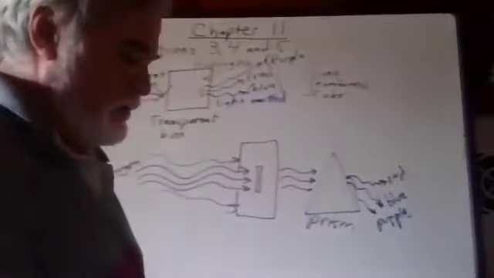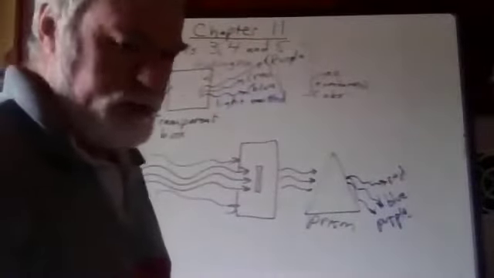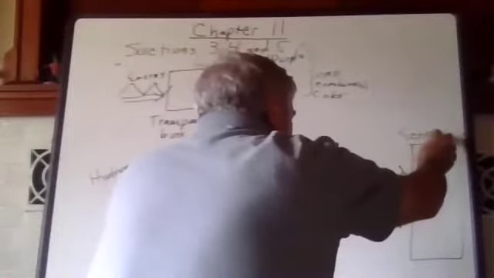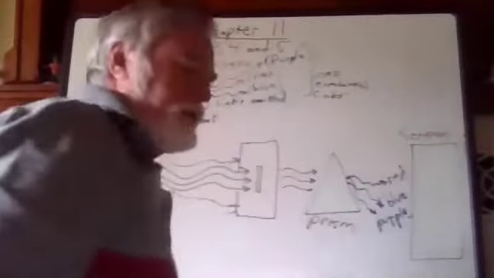When we shine those separated colors on a screen, we're going to see those colors as lines. So there's a line here where the red would hit.